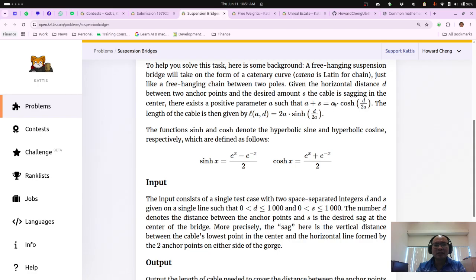The answer I need is passed into this function as an A, and because there's d over 2a here, when you divide by a number, especially when the number is small, right? If you have 0.001, then dropping a single digit or making a small change can blow this up quite quickly.